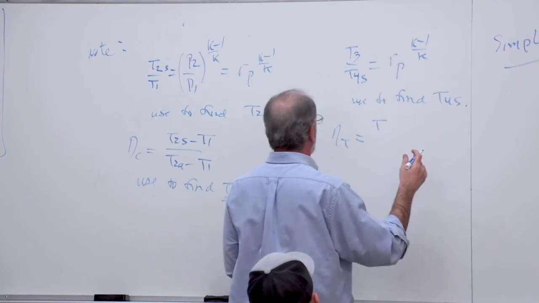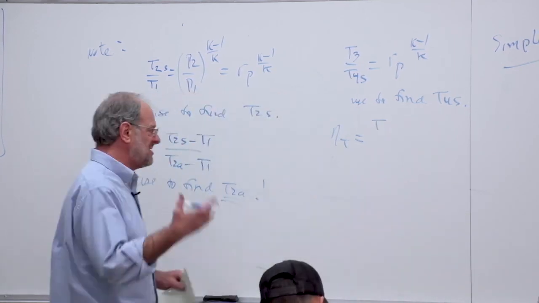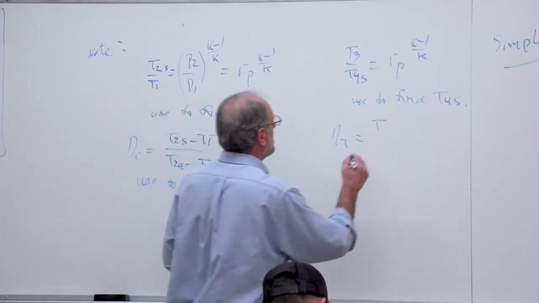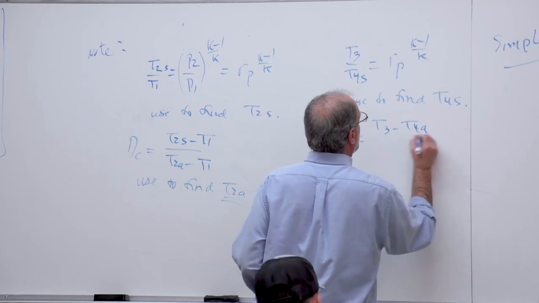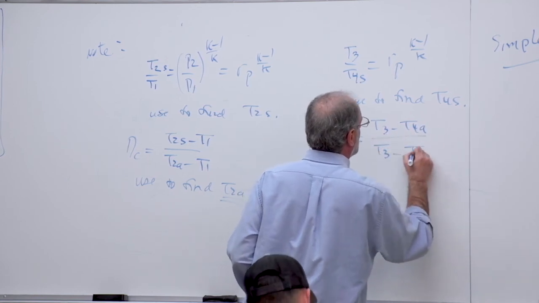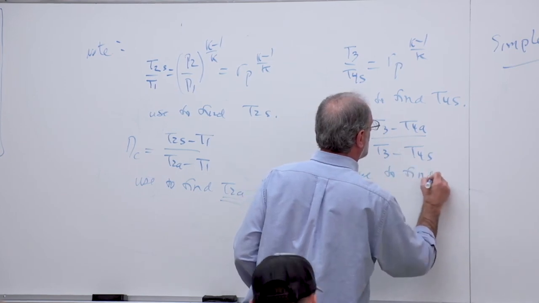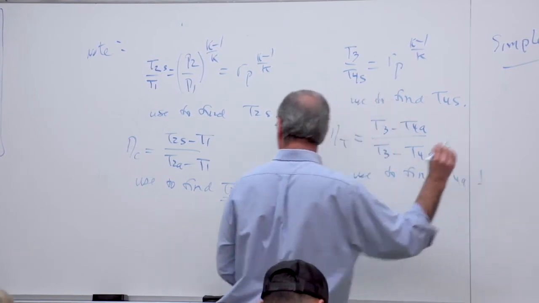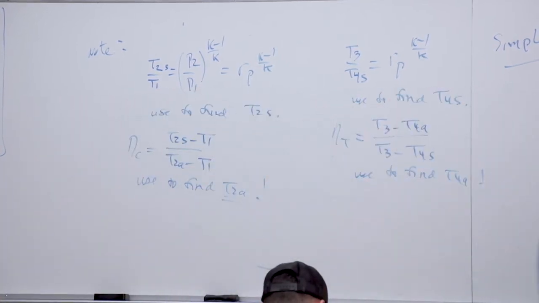The actual work is just the enthalpy change, and enthalpy change is Cp times the temperature change, and the Cp's cancel, as I mentioned just a moment ago. So this becomes T3 minus T4 actual over T3 minus T4s. And we use this to find T4 actual. And having T4 actual, that's the last thing we really need, and we can calculate any other terms that we need.